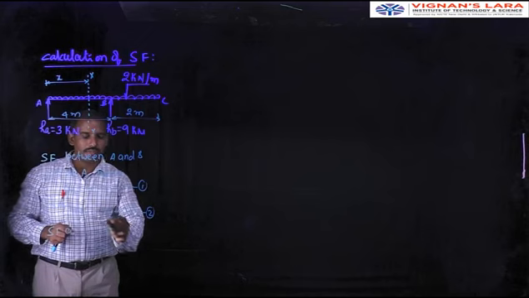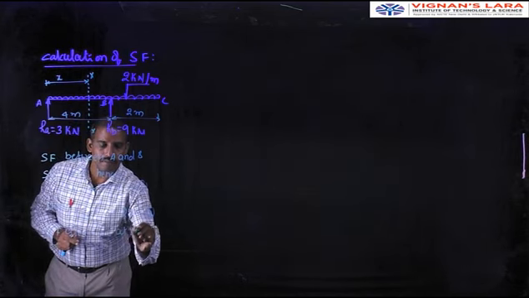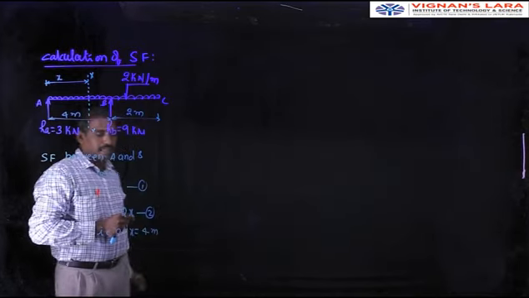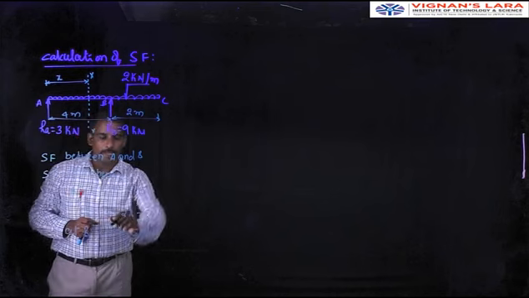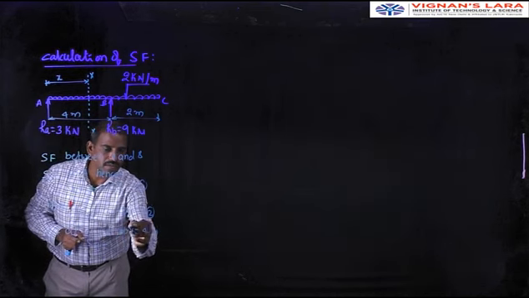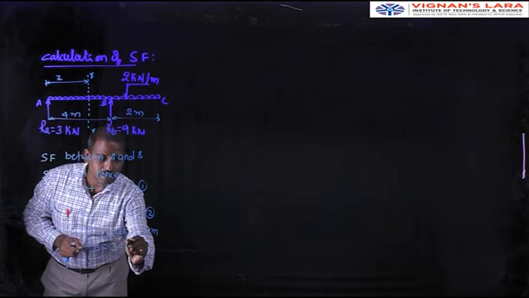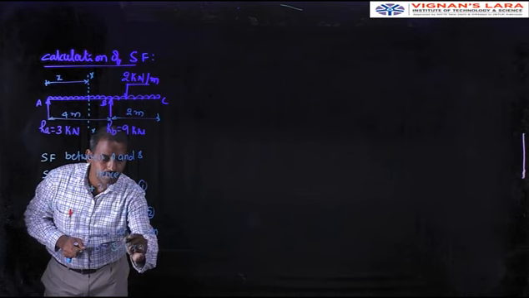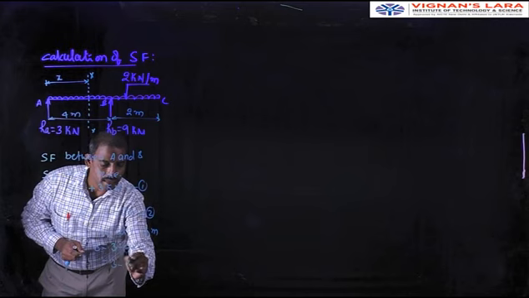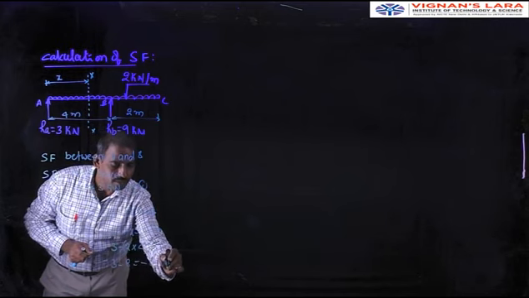Substitute x is equal to 4 meters in equation number 2. Therefore, 3 minus 2 into 4, that is equal to 3 minus 8, that is equal to minus 5 kilonewtons.